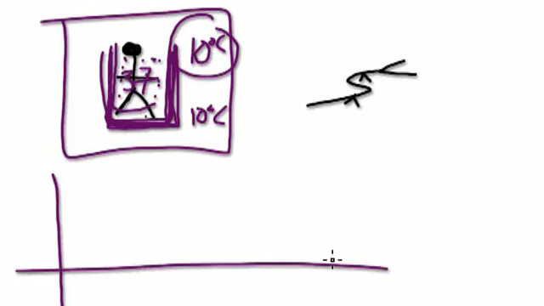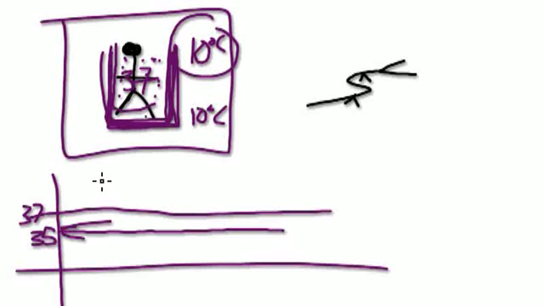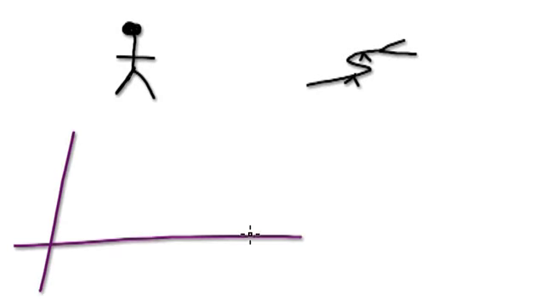My point is that we would always try and keep our body temperature at 37. If it drops, I don't know, to 35, then you're in trouble. If it's, I don't know, 40 degrees, then you're in trouble, basically. We would always try and keep our body temperature at 37.